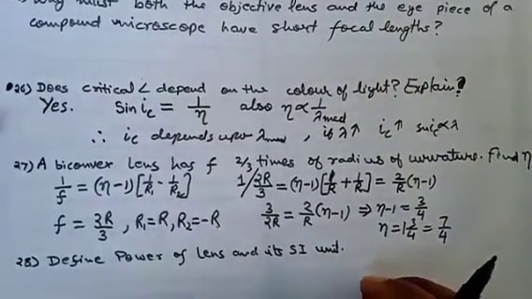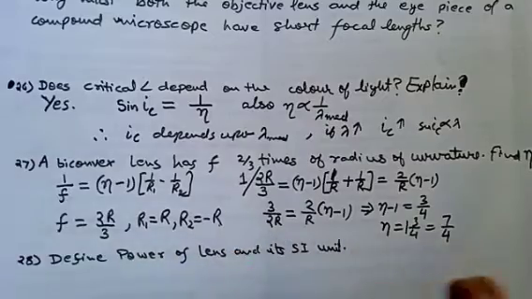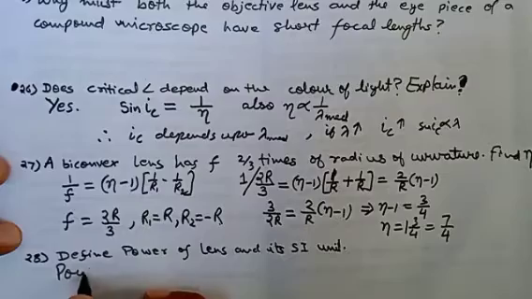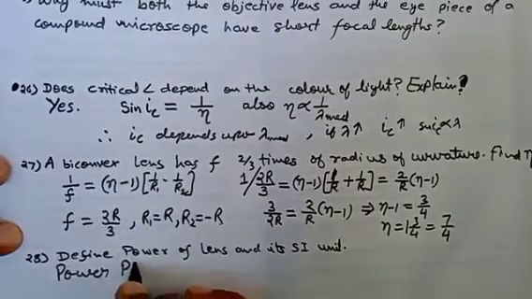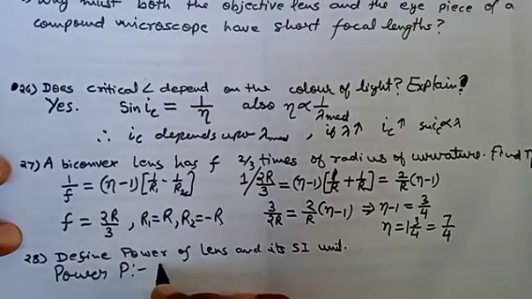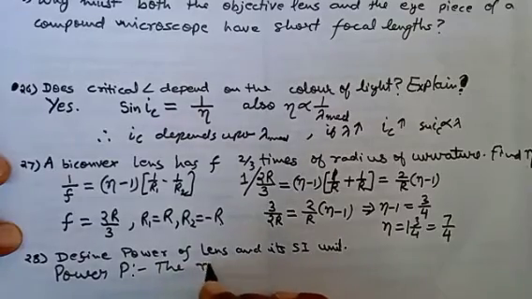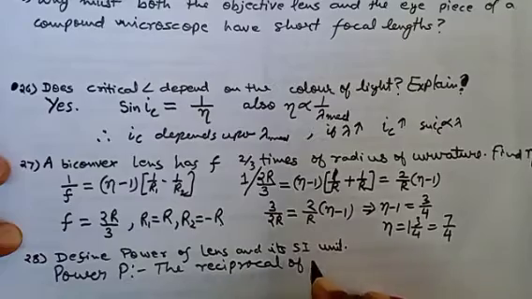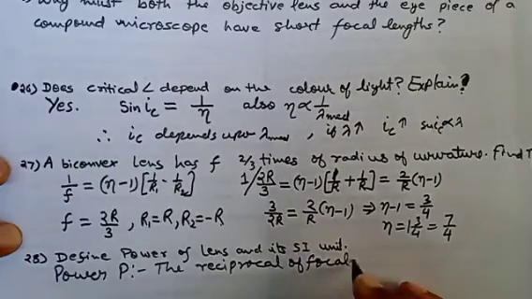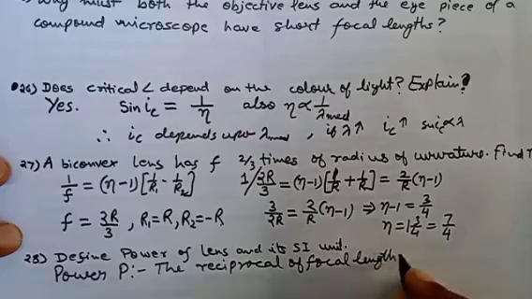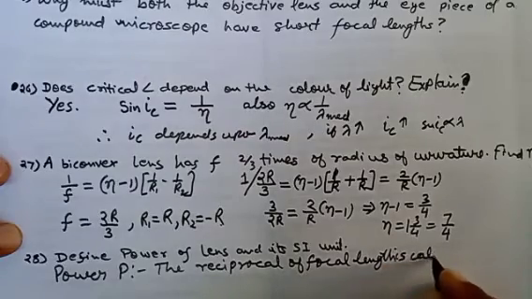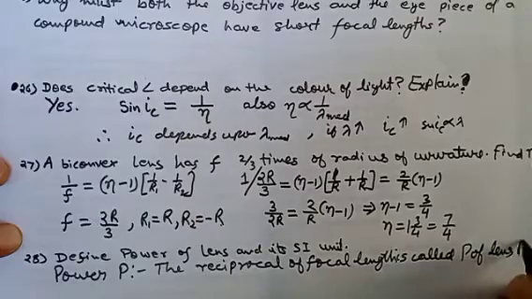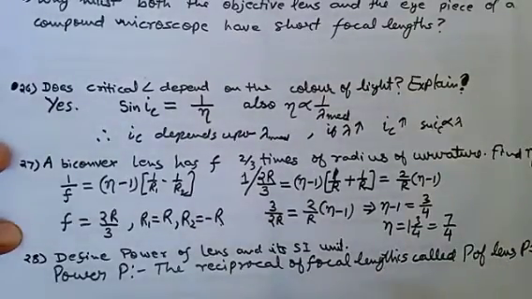Okay, define power of lens. The converging or diverging ability of a lens is called power of lens, but for the mathematical definition, the reciprocal of focal length is called power of lens. P equal to 1 upon f.